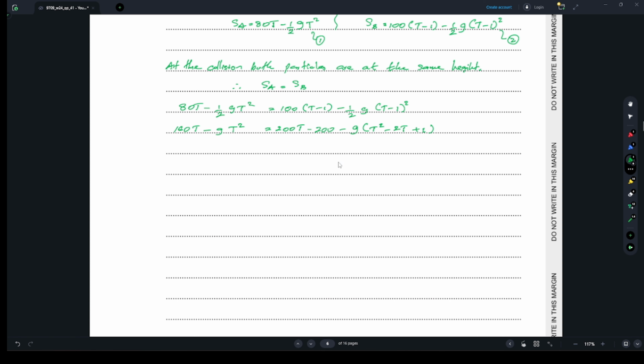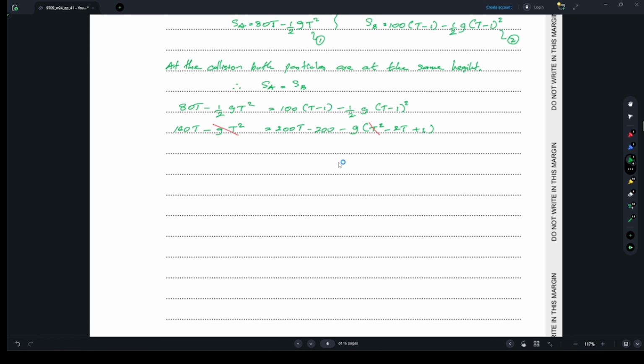As you can see, we can cancel minus g t squared, because when you multiply the bracket with g, we will have minus g t squared, so we can cancel it. So here we have 200t.